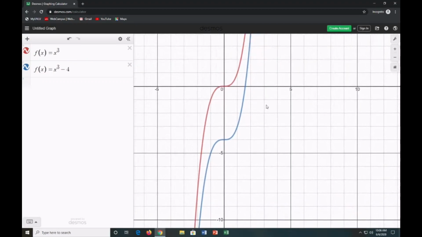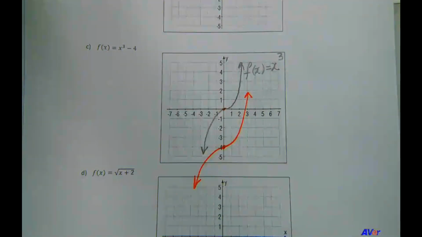Notice how that function shown in red, which was the original function, has now moved. That point of inflection has moved 1, 2, 3, 4 units down. Okay, that's how the transformation works. Okay, let's go back to our dot camera.